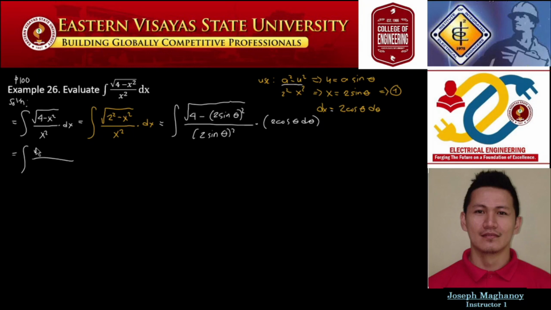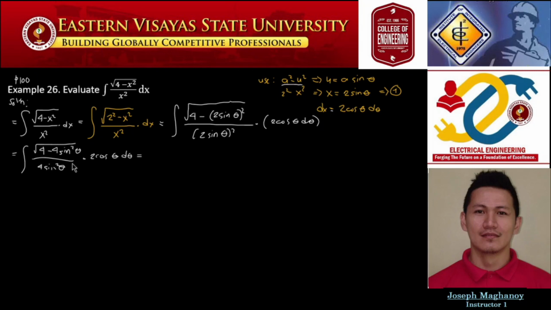Integral of square root of 4, if we distribute the square, becomes 4 sine squared theta, all over the same 4 sine squared theta, and the dx, that is your 2 cosine theta d theta.